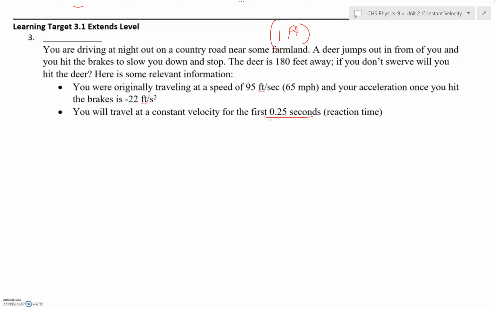And then we're going to use this piece right here for our accelerated motion portion to figure out how far you're going to travel in that time. Now, the reason why we're solving for distance for both portions is because we need to figure out if we're going to hit the deer, which is 180 feet away. So by the end of the problem, we need to know if our distance is greater than or less than 180 feet. Okay, I'll be back.